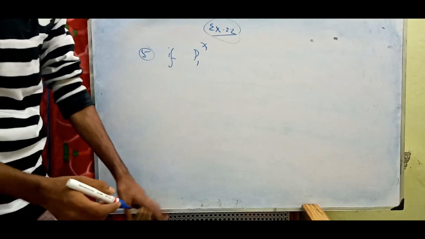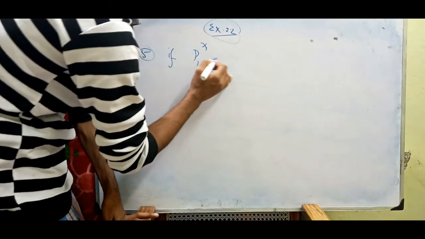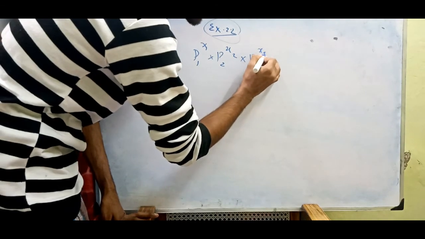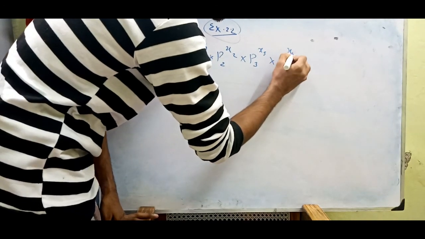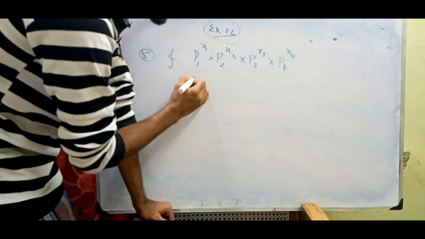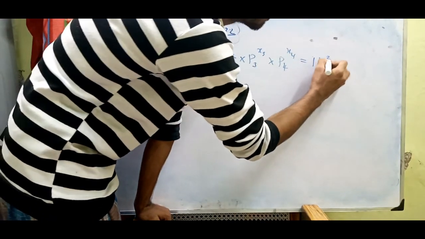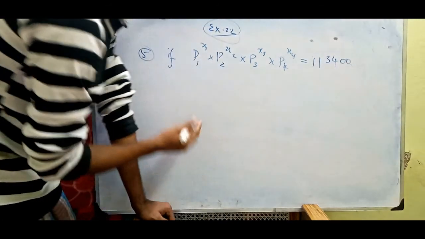So P1 power x1 times P2 power x2 times P3 power x3 times P4 power x4 is equal to 113400.